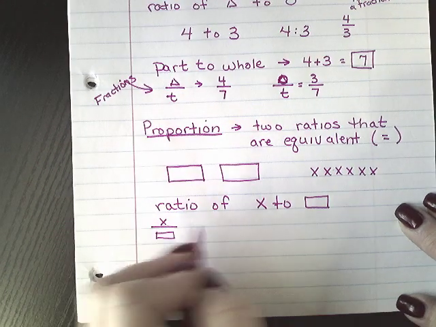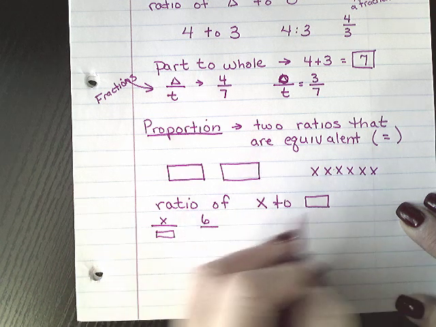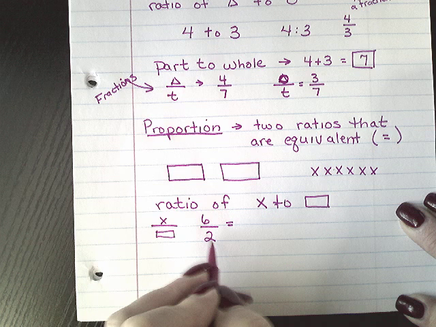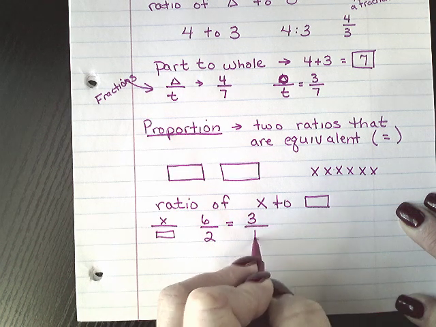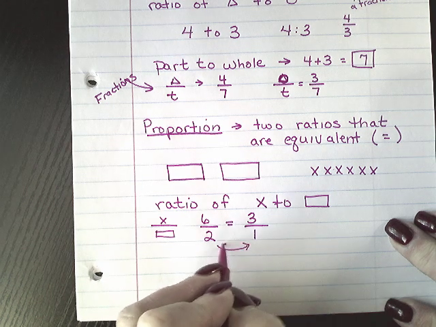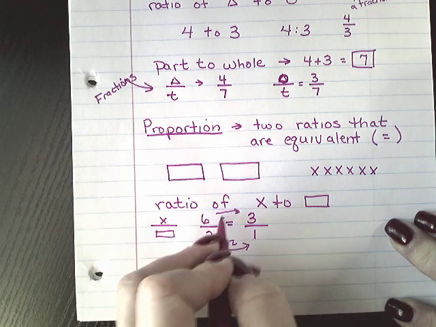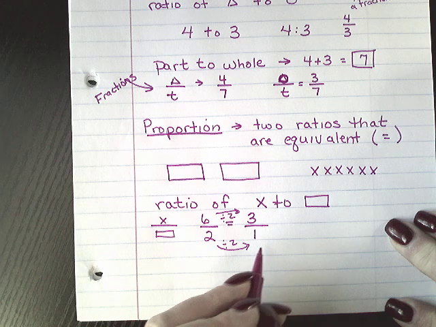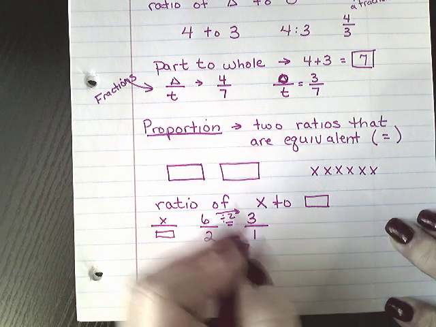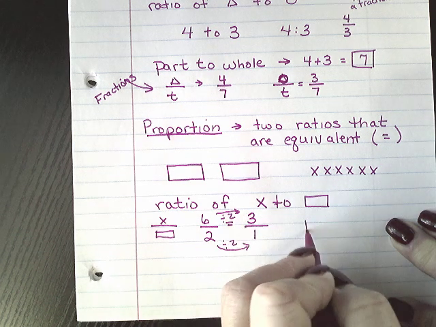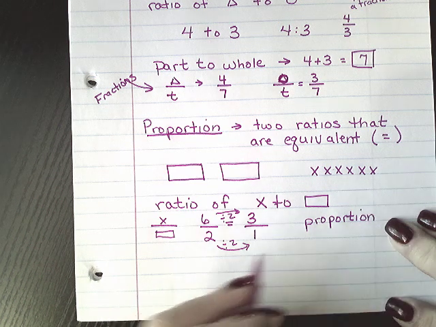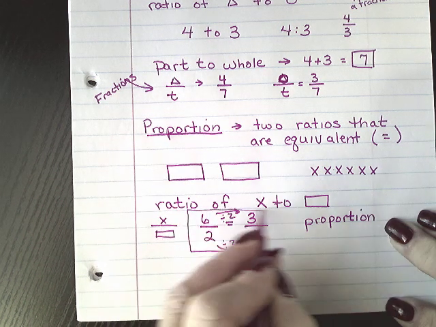So I would have 6 x's over 2 rectangles. That would simplify to 3 over 1. So these, by dividing both of these by 2, I have equivalent ratios, which means that this is a proportion, because they equal each other.